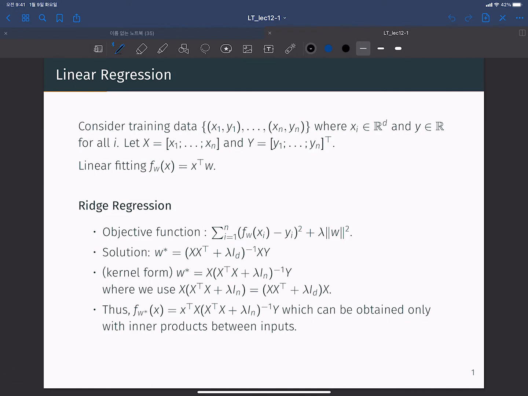So consider a very simple machine learning algorithm called linear regression. Linear regression is, I believe, the simplest form of function.